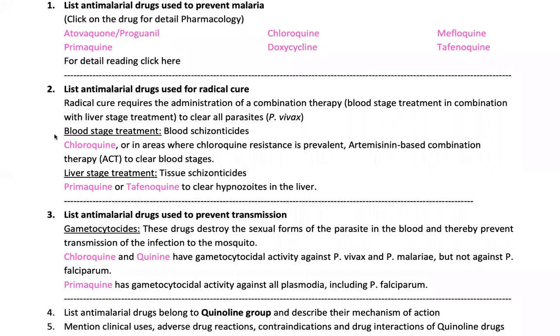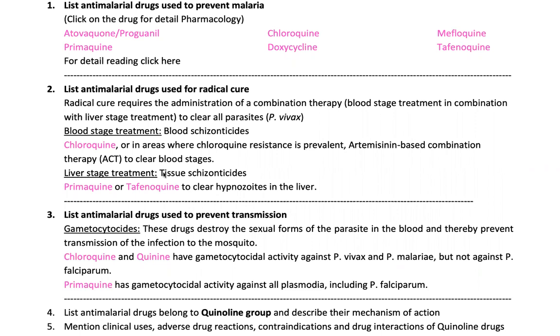Generally for the blood stage treatment, chloroquine is recommended, or in areas where chloroquine resistance is prevalent, then we have to consider artemisinin based combination therapy to clear the blood stages. The artemisinin combination therapy, ACT, we will discuss what this is.